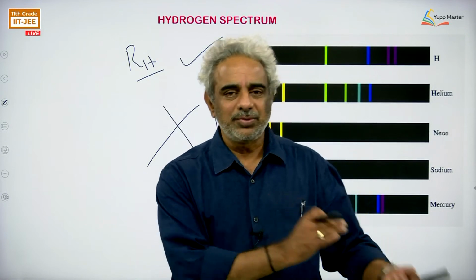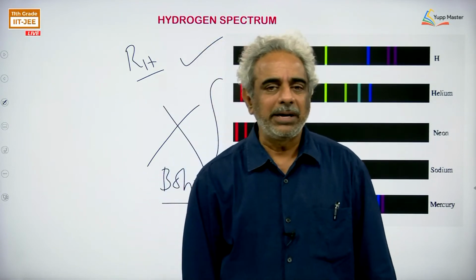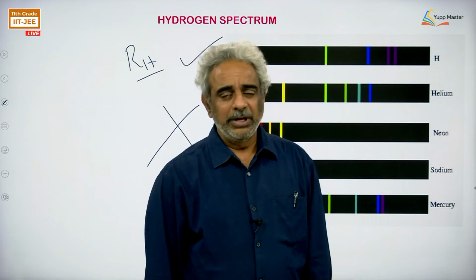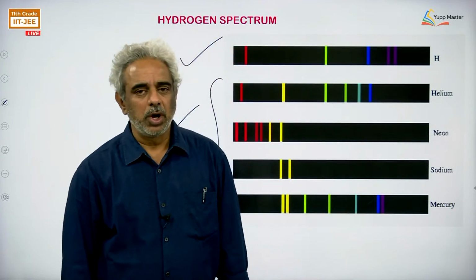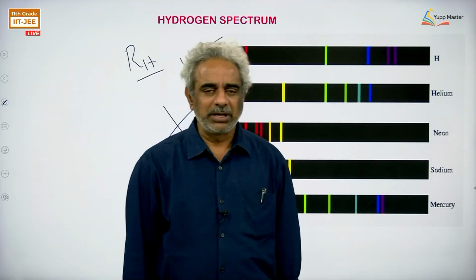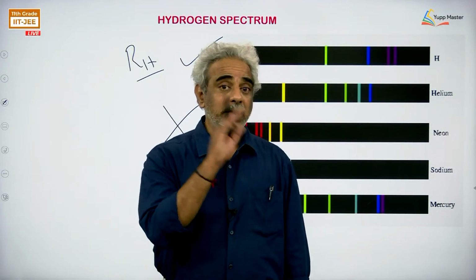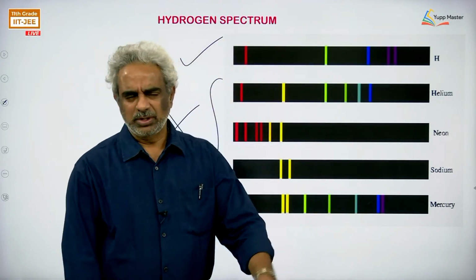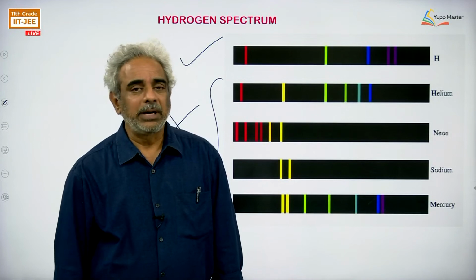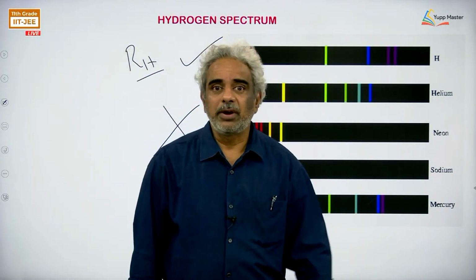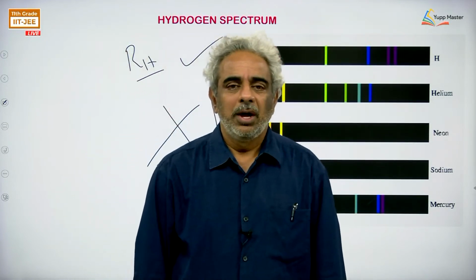And that RH was verified mathematically with the help of the energy expressions that we have done in the previous class. So the RH value, 109677 some odd decimal, centimeter inverse, was successfully verified by Niels Bohr's model.